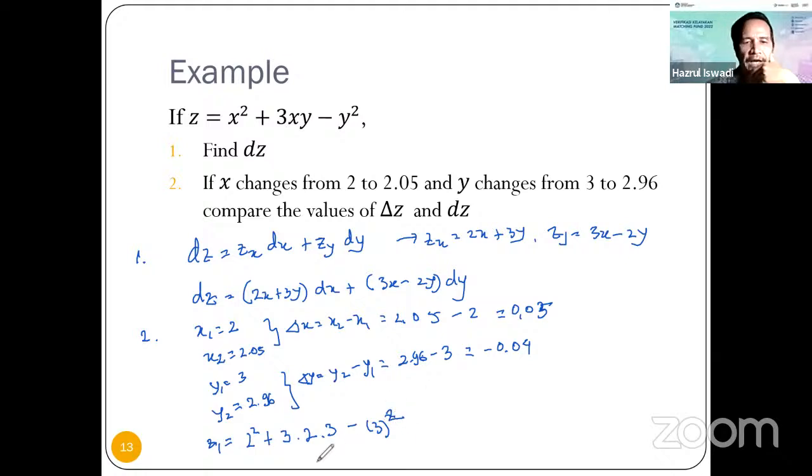So we have z1 is 4 plus 18, so 22, minus 9 becomes 13.